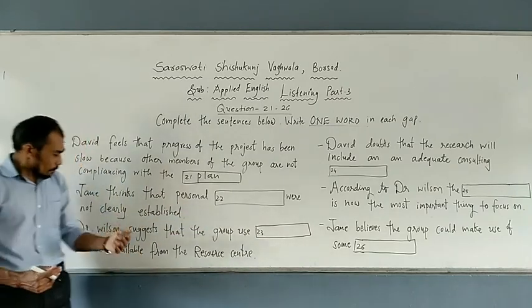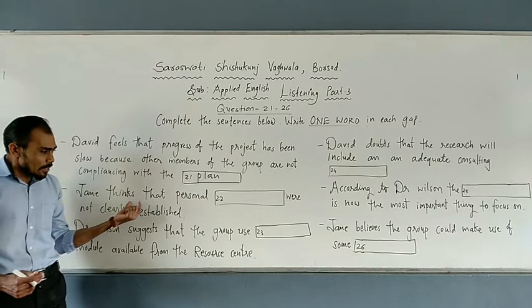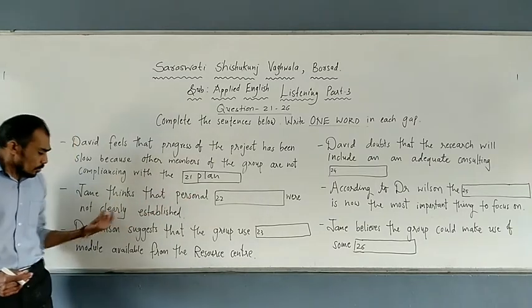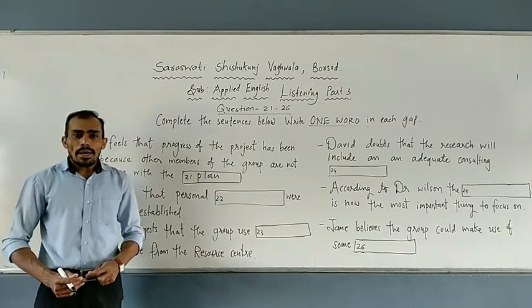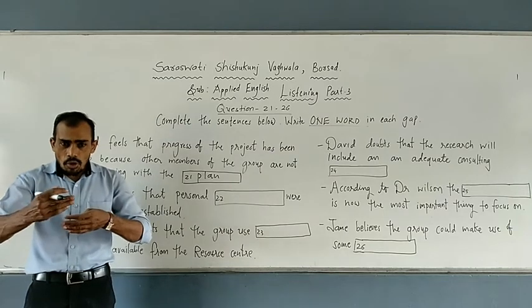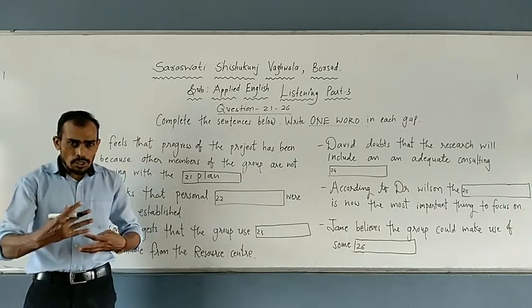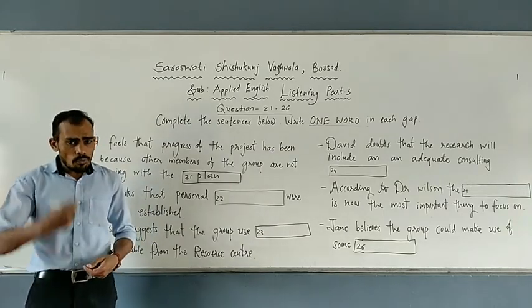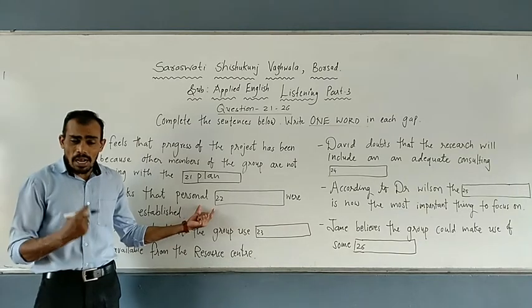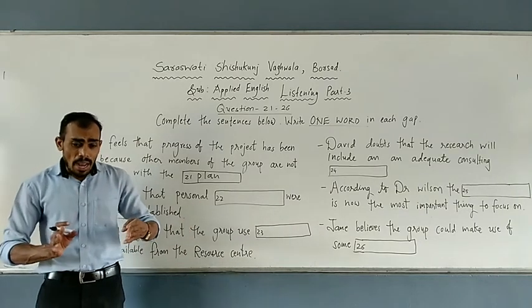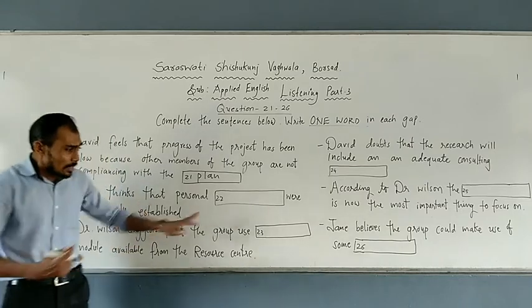You can see here, Jen thinks that the personal dash were not clearly established. I think when the task of making assignments on local history was given, if you are listening, students, what is the answer? The task was not given clearly, and that was, what is that?